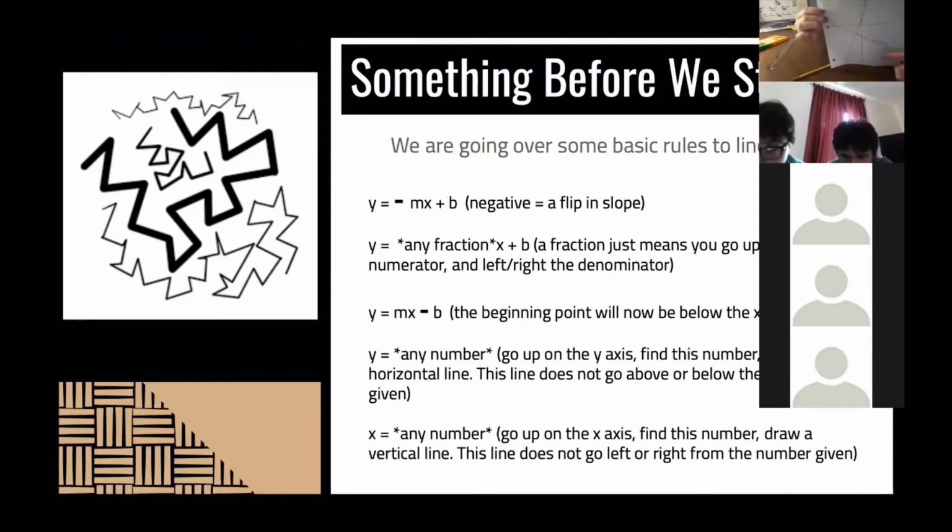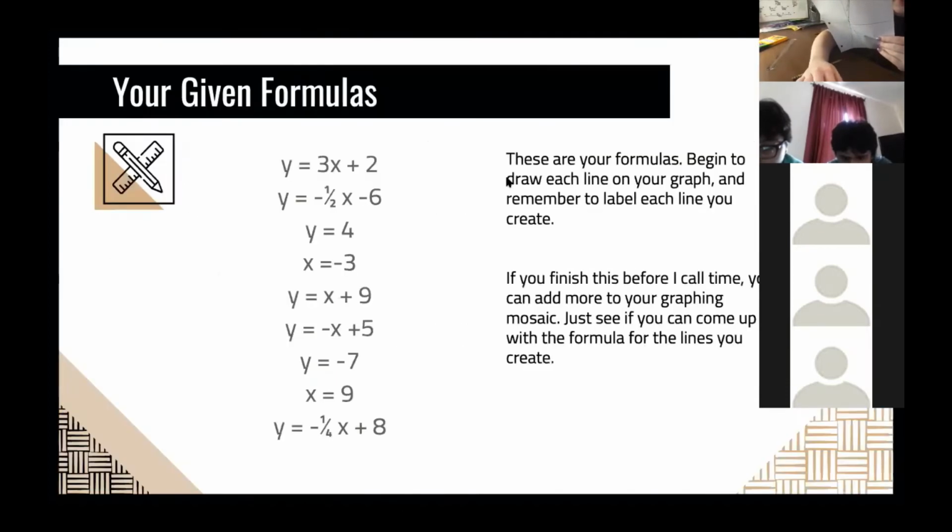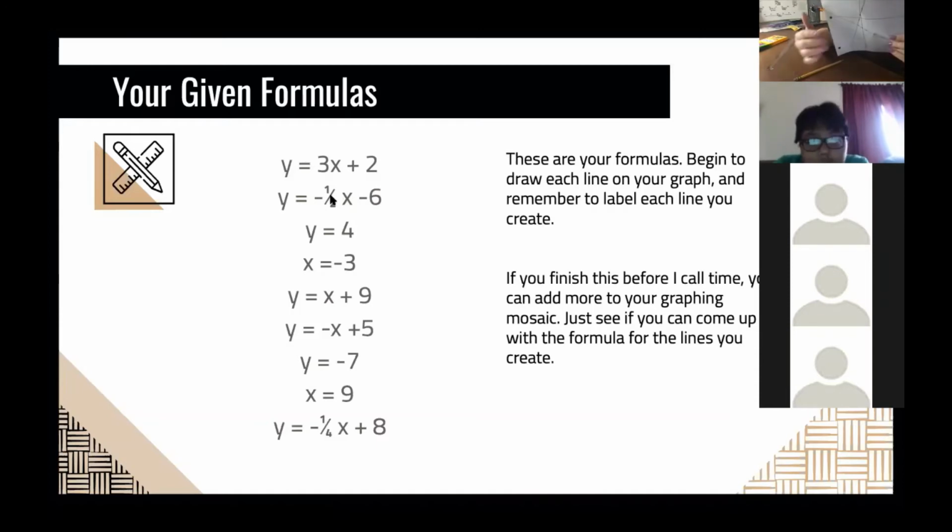For example, for the 1/2, you take the numerator, which is just the number on top of a fraction. So I'm just going to quickly go to the next slide. The second formula, this on the top is the numerator, and the one on the bottom is the 2, which is the denominator, meaning you're going up 1 and over 2.